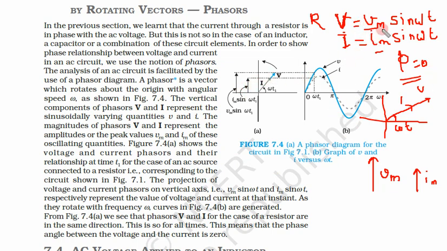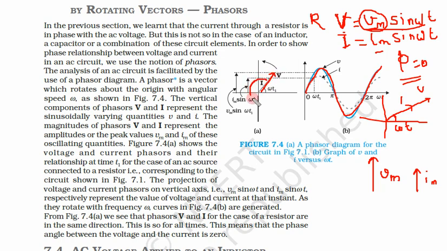So what we get when we put this as a wave, this is the equation of the wave. We can also represent the wave by rotating this vector with magnitude Vm. Let us forget I right now and understand only one.